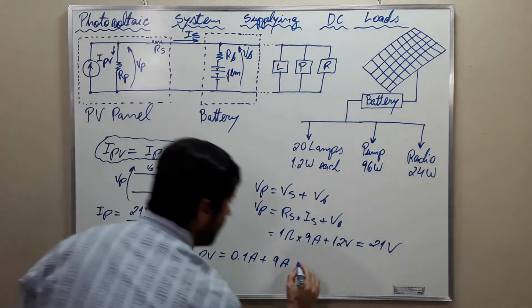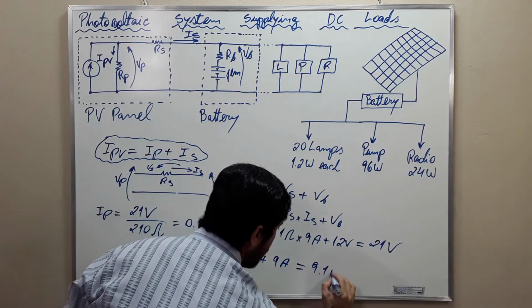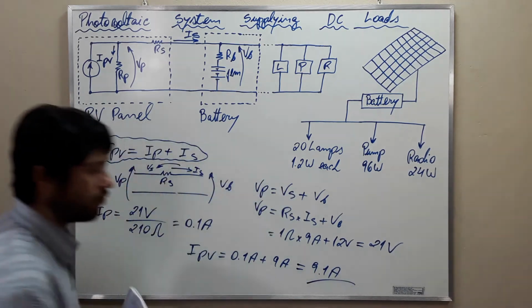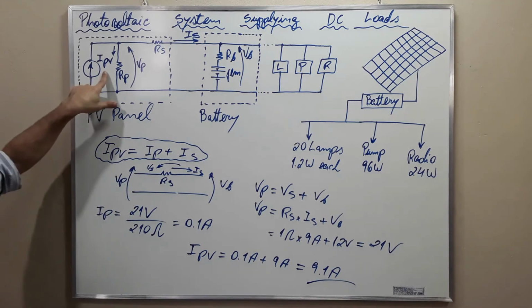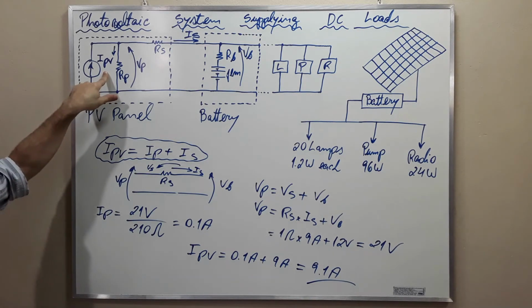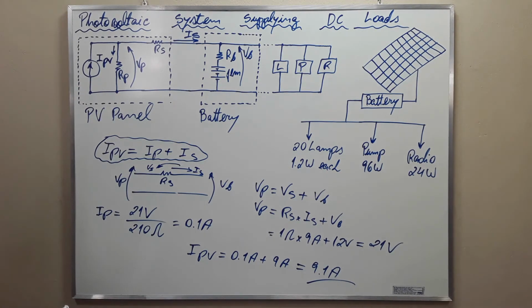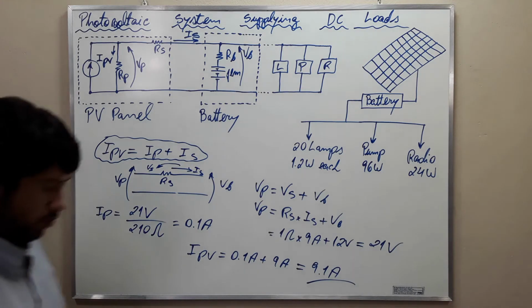And the value is 9.1 amperes. This is the result of letter B. The current IPV is equal to 9.1 amperes. Are you guys understanding everything? Very good. Let's move on then to letter C.